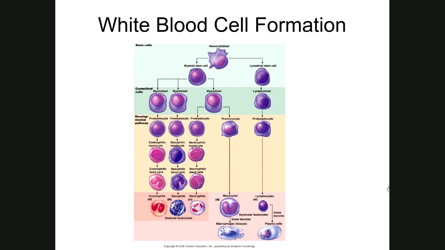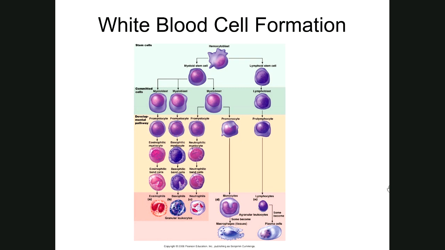So they can last quite a long time. If you're sick, their lifespan is going to be a shorter amount of time. Their activity is what determines their lifespan. If they're very active in fighting off diseases and you're sick a lot, then they're going to die quicker. If you're healthy, they tend to stay around a lot longer.